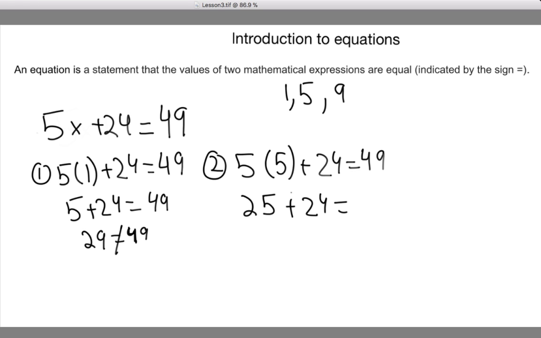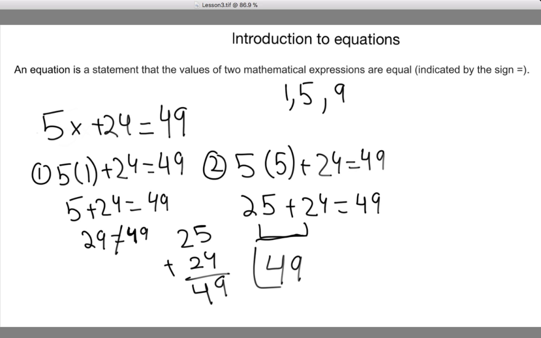And then when we add 25 and 24 together, we get 49. So just put these together, 25 plus 24, if you guys want to visualize it, 25, 24, plus sign, 5 plus 4 is 9, 2 plus 2 is 4, now you get 49. So the answer to this equation would be 5.